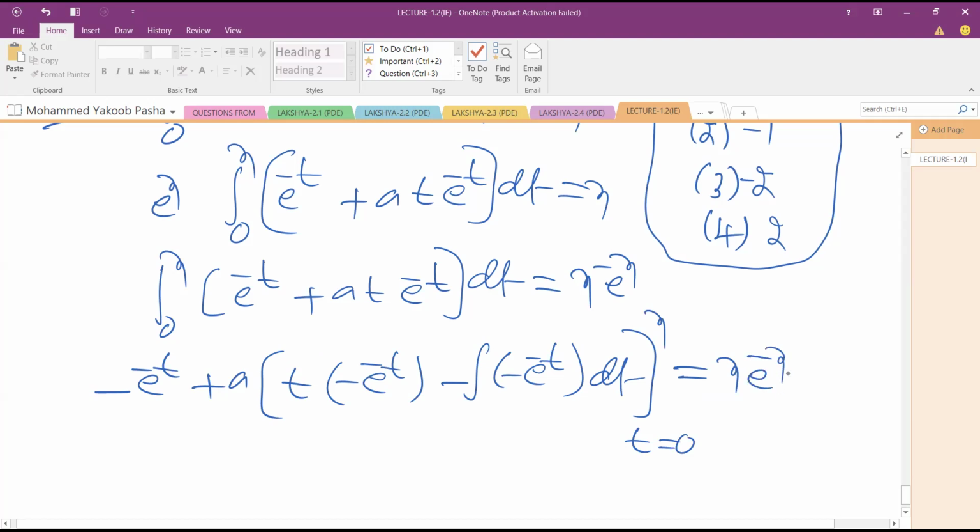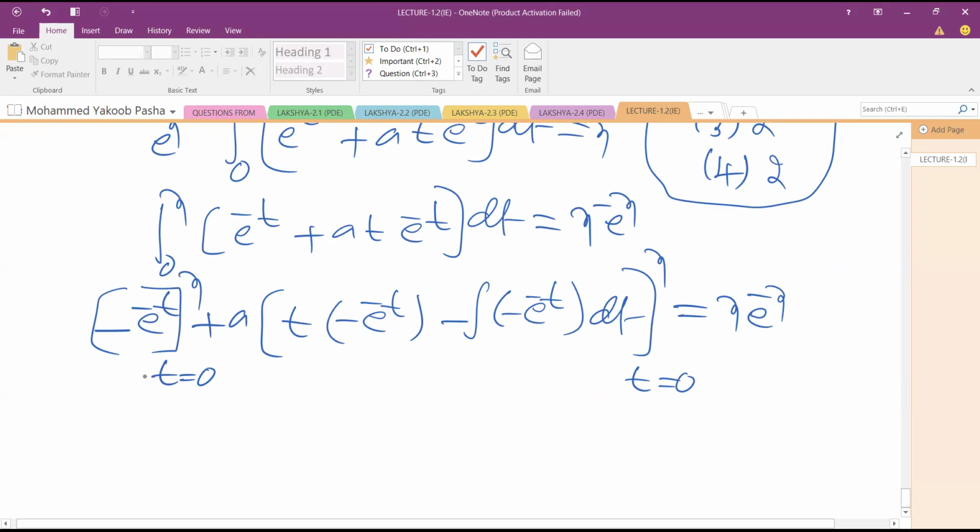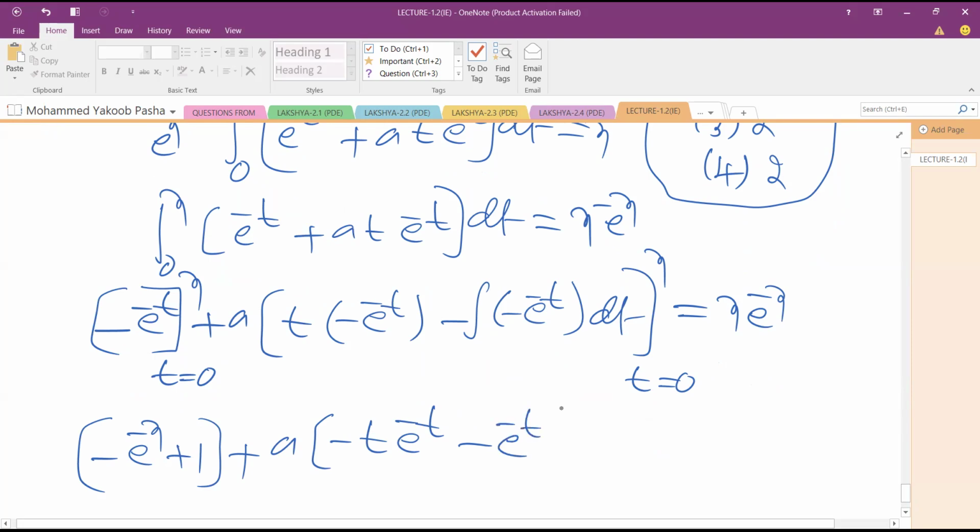Okay, so here also you can use the limits t is equal to 0 to x. Now simplify it. Here first, e power minus x plus 1. Here a into minus t e power minus t, and here minus into minus is plus, now plus integral of e power minus t, and e power minus t integrates to minus e power minus t, so minus only.